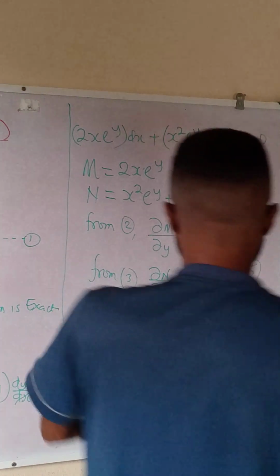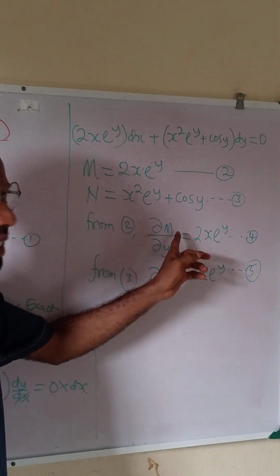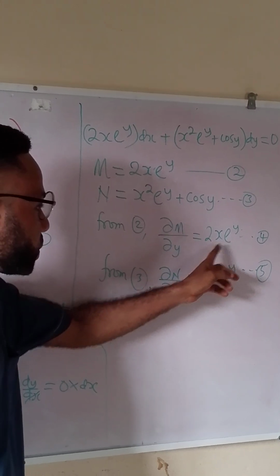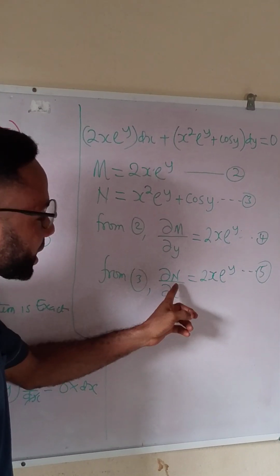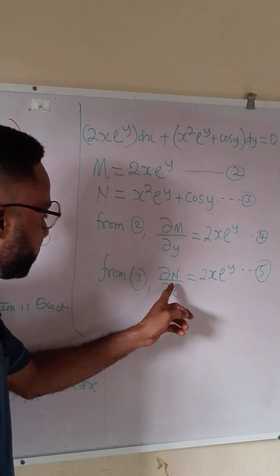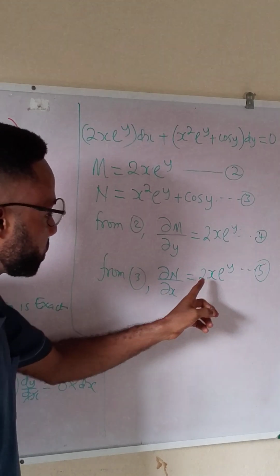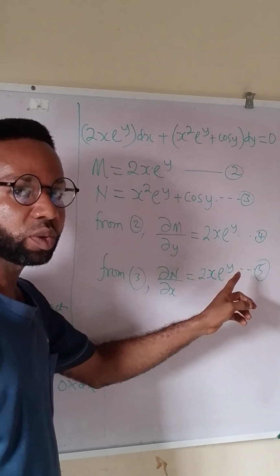Now if you look at it, the partial derivative of M with respect to y is equal to 2x e^y, and the partial derivative of N with respect to x is equal to 2x e^y.